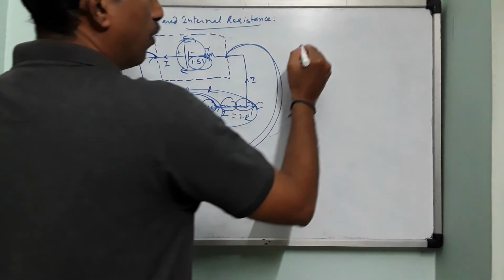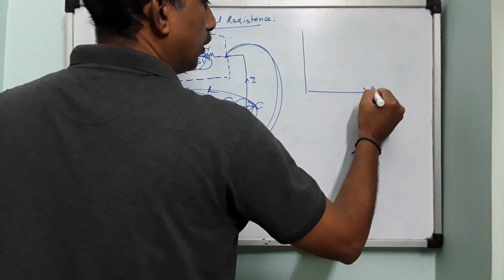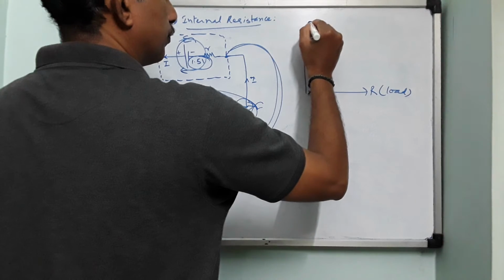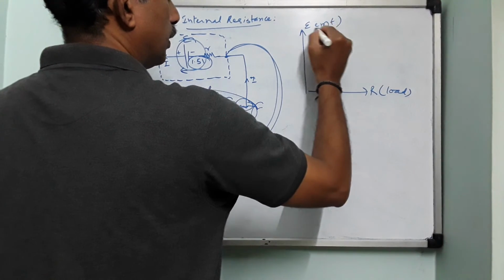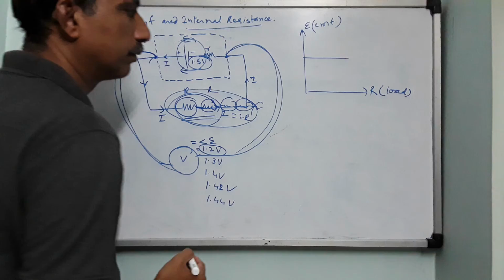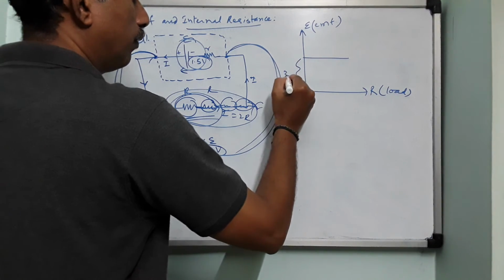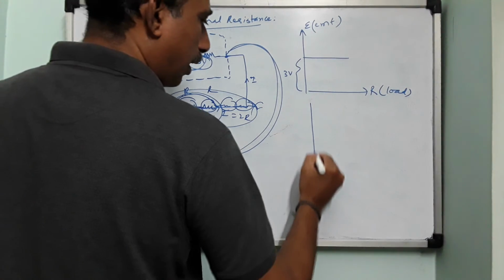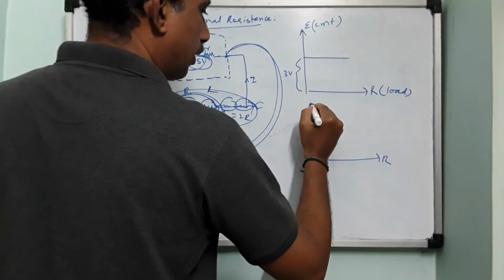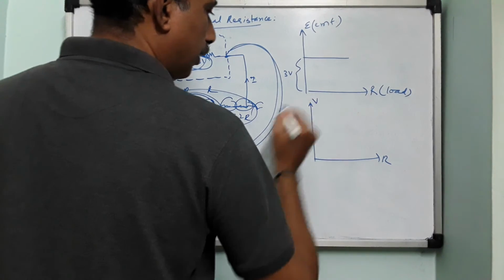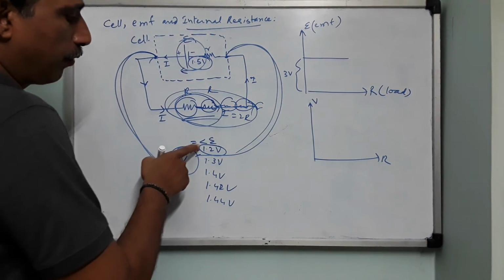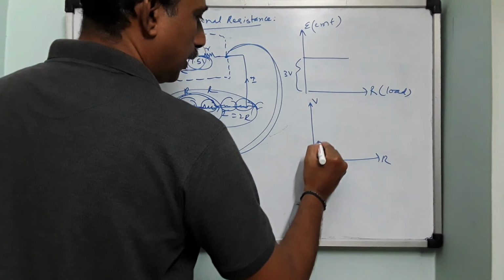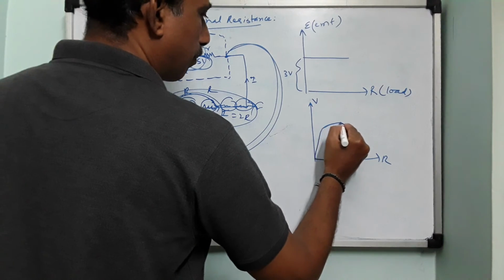Therefore, if you plot a graph between the load which you have connected in the circuit versus EMF, it will be like this. If the cell is having 3 volt, it will always remain 3 volt. Now, if you draw the same graph between R and V, terminal potential difference 1.2, 1.3, 1.4, 1.4 to 1.44, this graph will go like this and it will be saturated after some time.